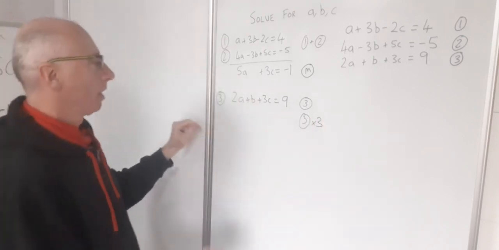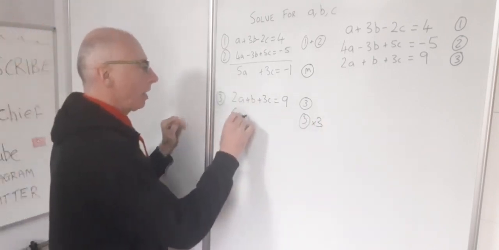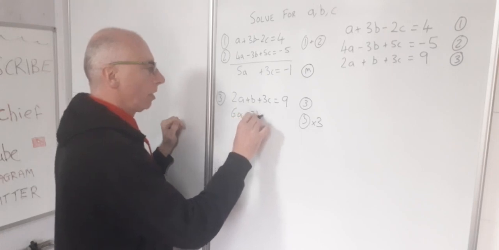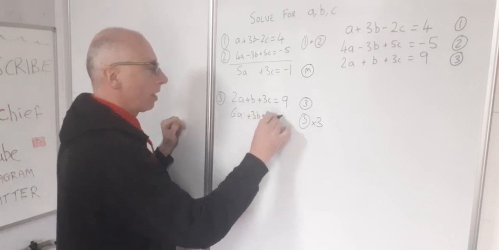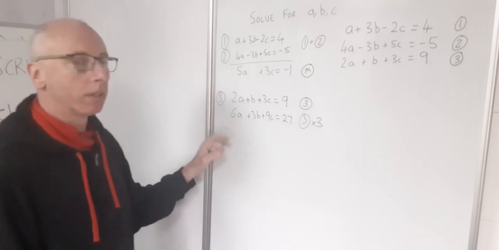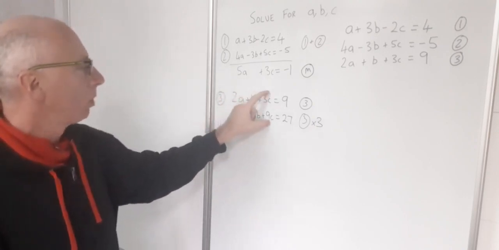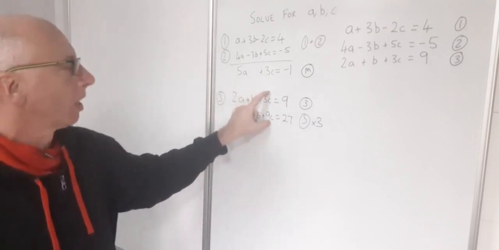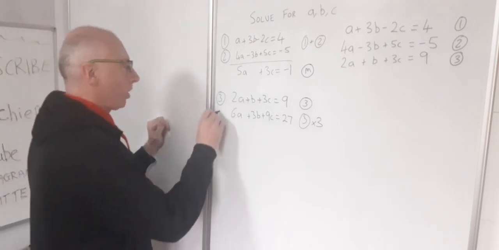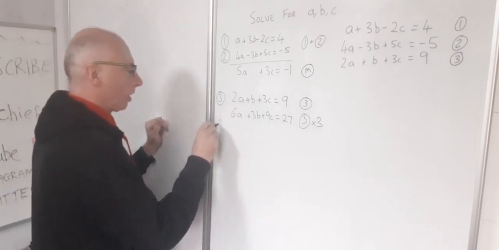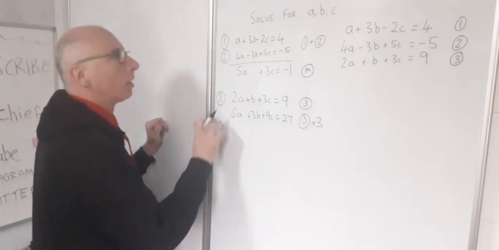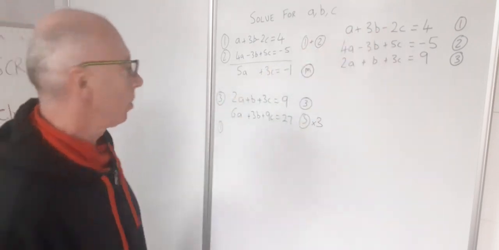So let's do that. So now I'll end up with 6a plus 3b plus 9c equals 27. So every term multiplied by 3. Now let's get equation 1. So that's a plus 3b minus 2c equals 4.